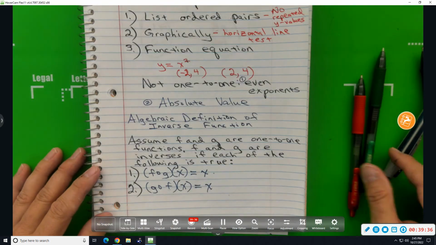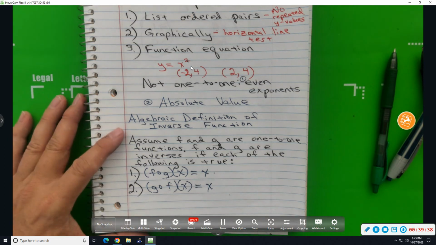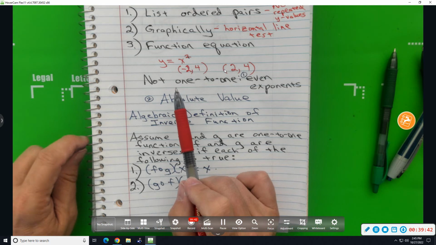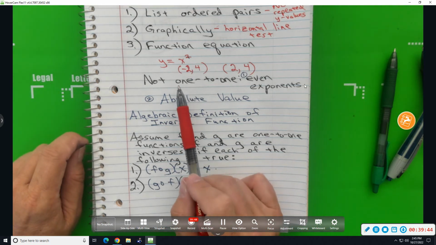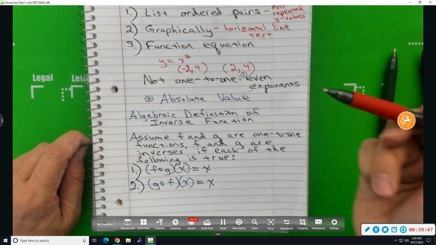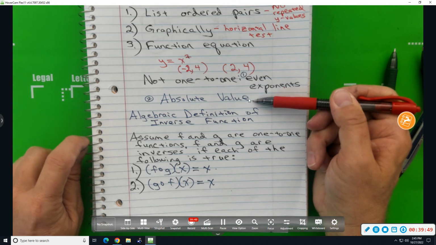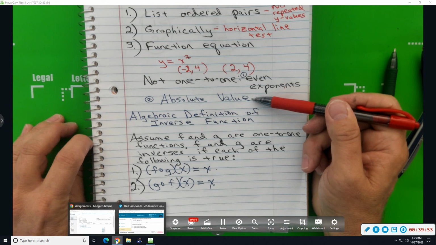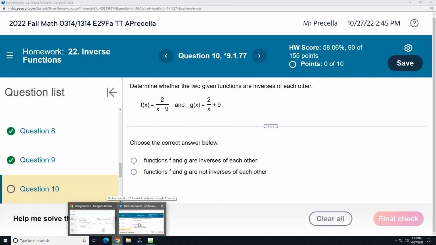Well, the first one doesn't have anything. It's just the two things you want to avoid: even exponents and absolute values. Did the equations contain absolute values? I think that's a real fast thing. Are there any absolute values in f and g?